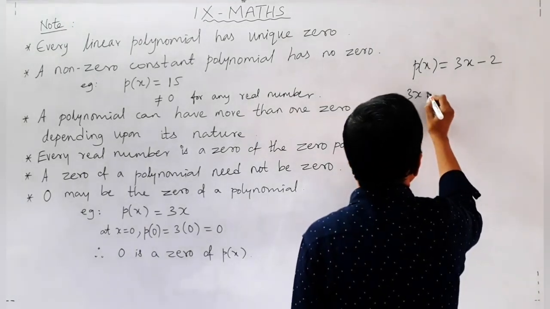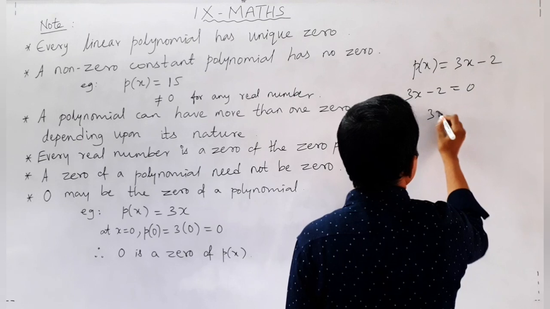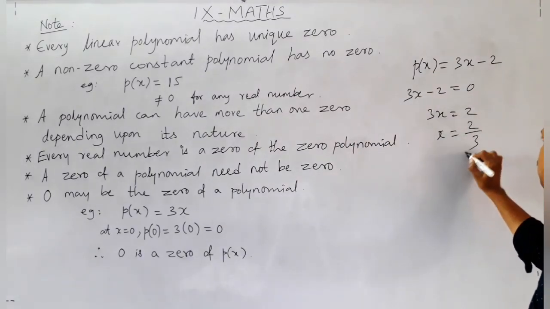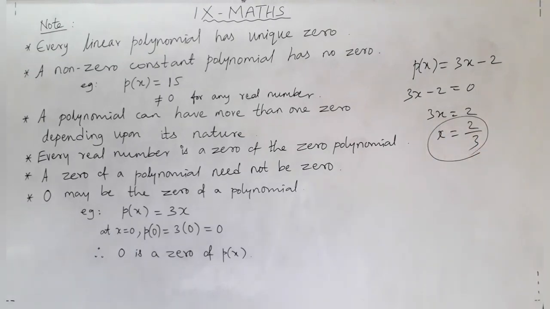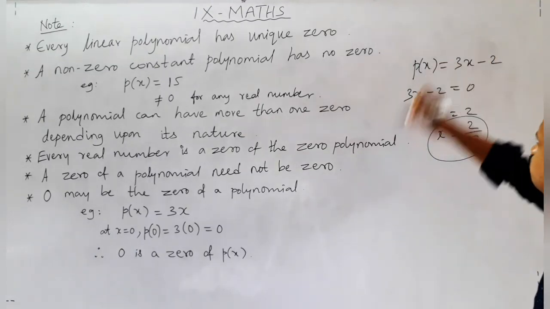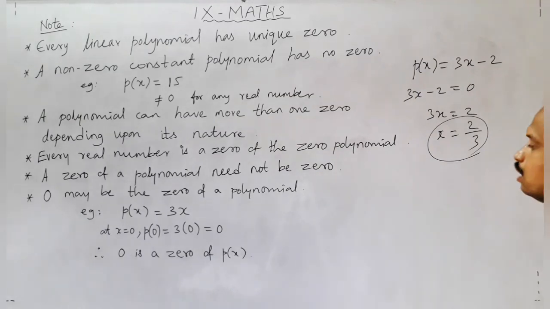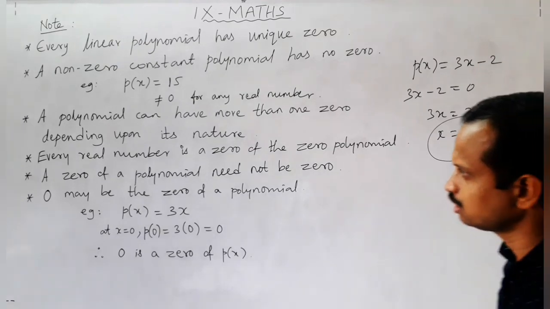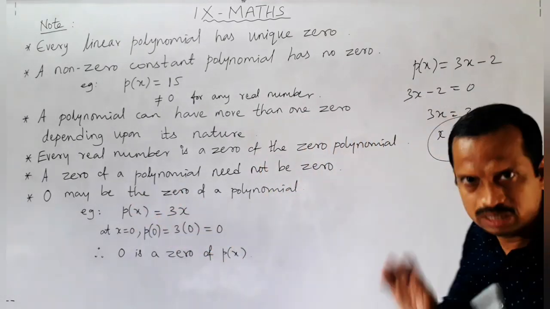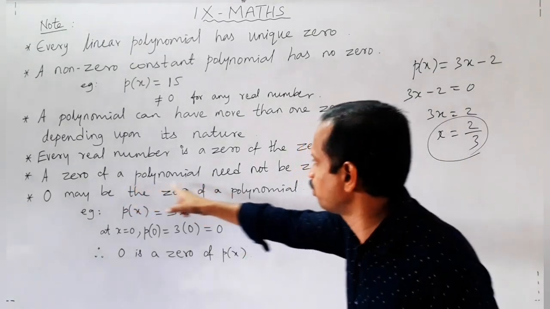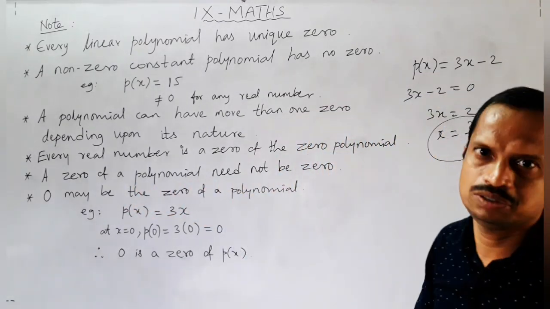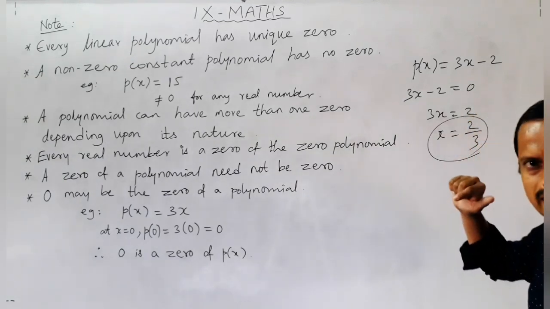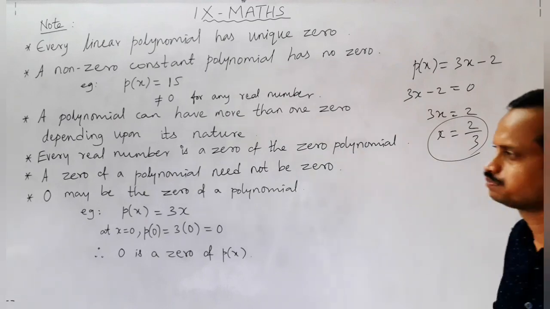We have to put 3x - 2 = 0, then 3x = 2, and x = 2/3. So 2/3 is a zero of this polynomial p(x). So here 0 is not the zero. So we cannot say that the zero of a polynomial is only 0. A zero of a polynomial need not be 0. It may be 0 or may not. So here we are getting 2/3 as a zero of this p(x).